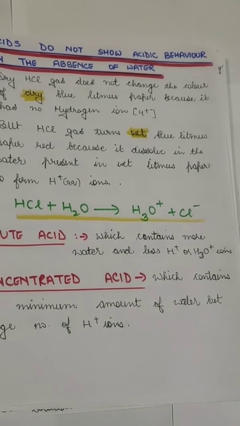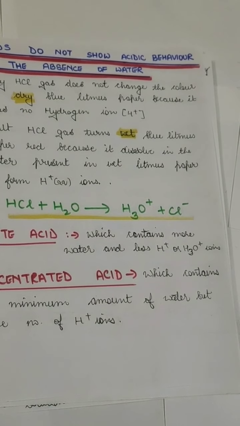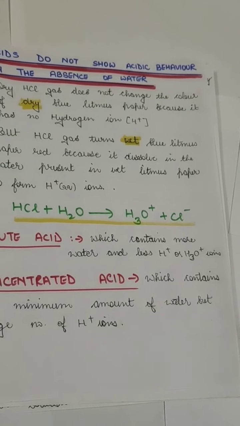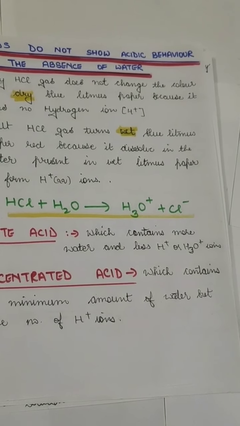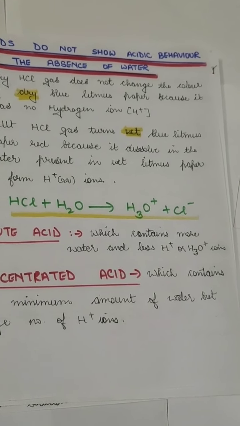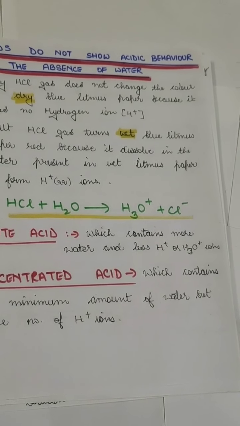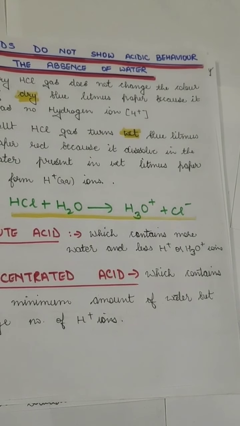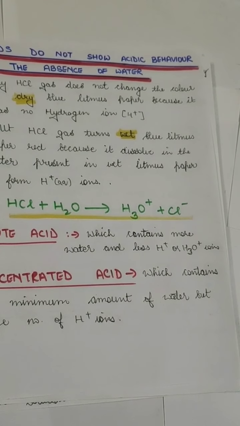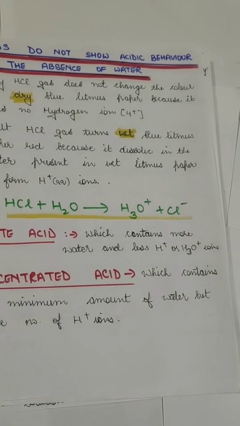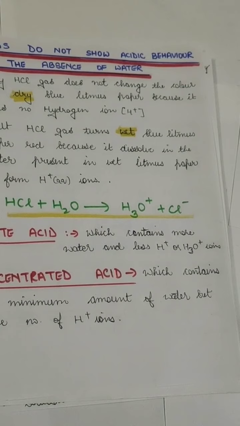But when we wet that litmus paper, suddenly we'll see that the blue litmus paper turns red, because the moisture in the litmus paper reacts with the dry HCl gas, producing hydrogen ions quickly. That means the hydrogen ions turn the blue litmus red.